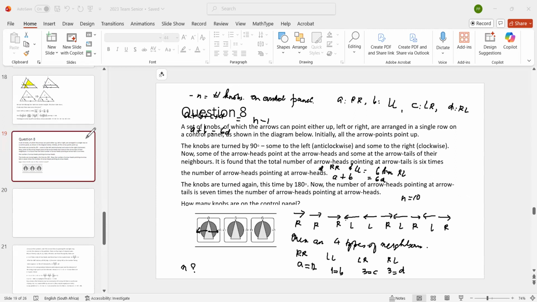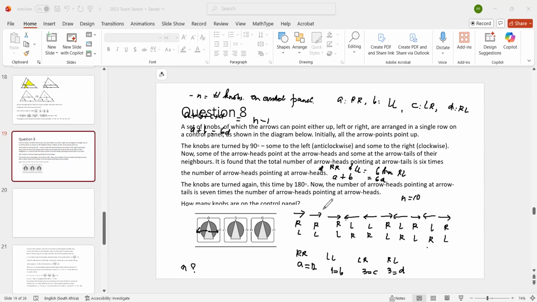If you look at our example here, you will see that if you turn every one of these through 180 degrees, then what happens is the R becomes an L, the L becomes an R, right?